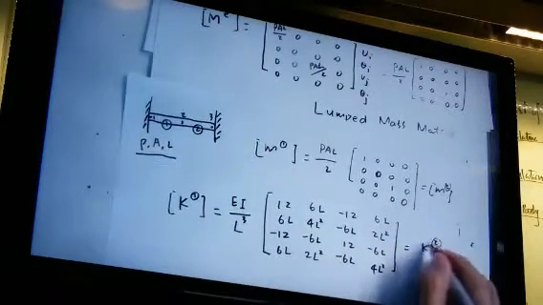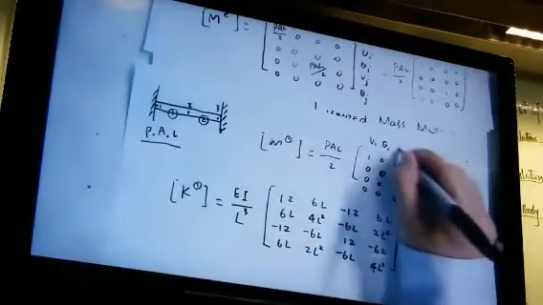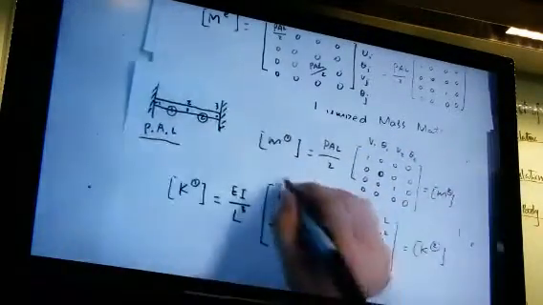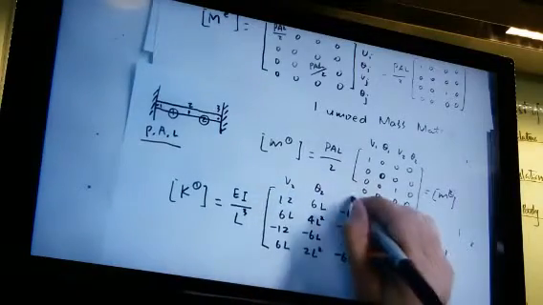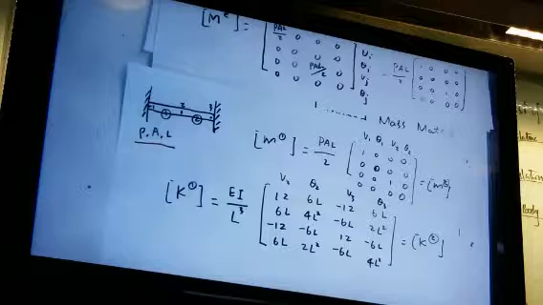K1 equals, and K2 equals, with rows and columns V1 theta 1, V2 theta 2 for the first, and V2 theta 2, V3 theta 3 for the second. We do not apply any boundary condition yet. This should be the column index and row index for the mass matrix and stiffness matrix.